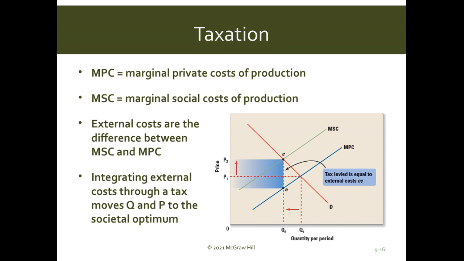So this is a new price. Consumers who were initially paying P1 are now paying P2. But notice the increase in price from here to here is not equal to the total external cost. The amount of the tax was higher than this amount.